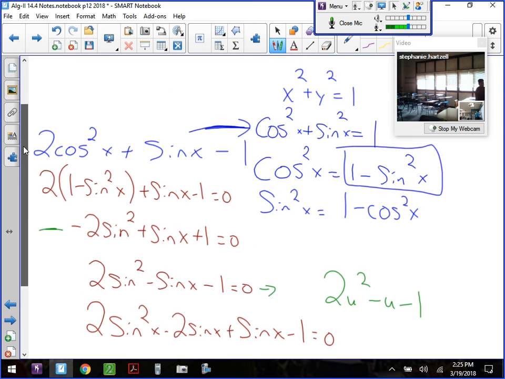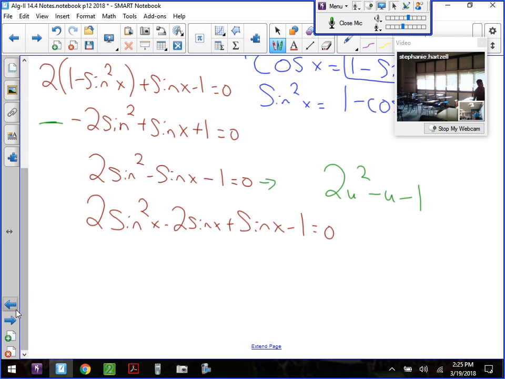Only thing that was a little different is that you have 2 terms. If it's cosine squared and a sine, I'm going to write everything in terms of the smaller value. If it was sine squared and a cosine, I would change everything to cosine, because there's an identity that tells me how I can switch the squared. And then you just factor out your GCF like we were doing earlier.